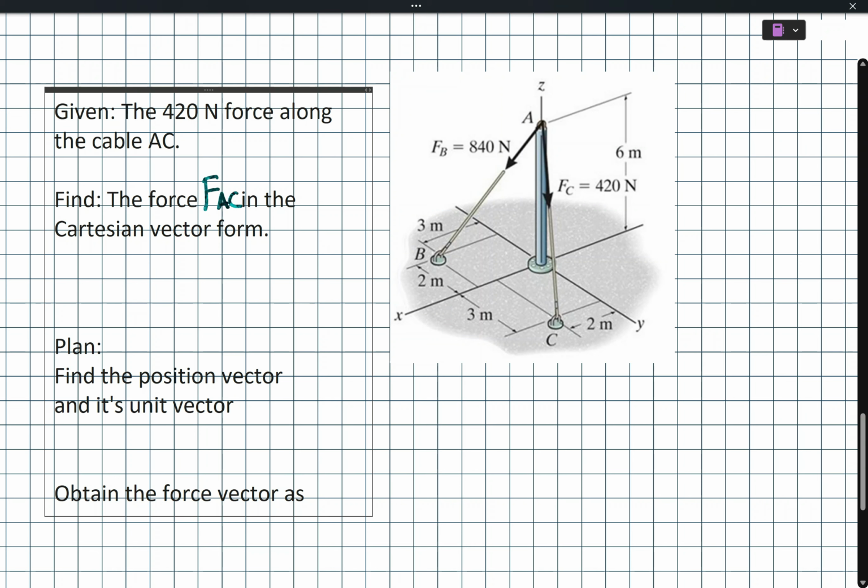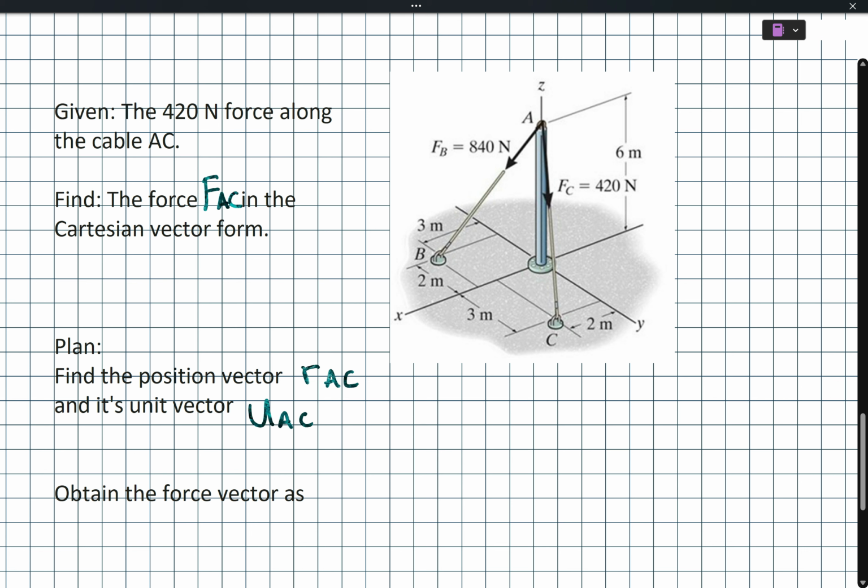The approach is to go ahead and find the position vector r sub AC, and then find its unit vector, u sub AC, and then we'll obtain the force vector as F sub AC equals 420 newtons times u sub AC.